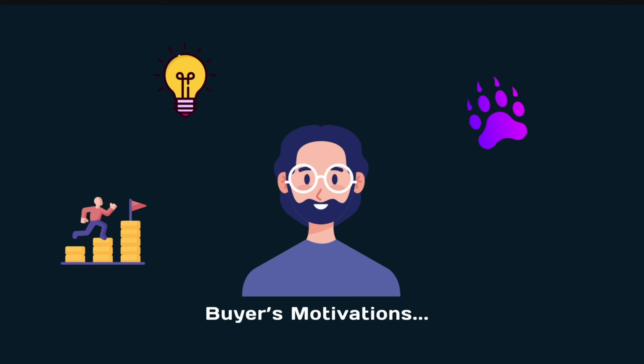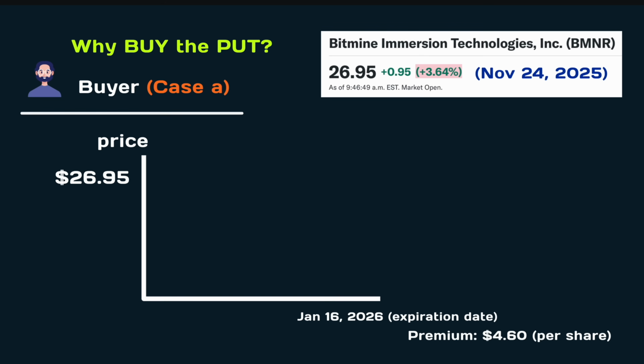Before proceeding a little bit further, I want to digress and talk about some of the motivations of why the buyer would want to enter these contracts with you. So let's take this situation over here to learn one of the motivations why these buyers would enter such a position. So let's say here we have a buyer who thinks that crypto is entering a bear market very soon, and he thinks that BMNR is going to perform poorly.